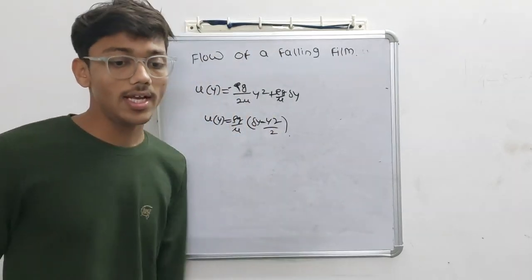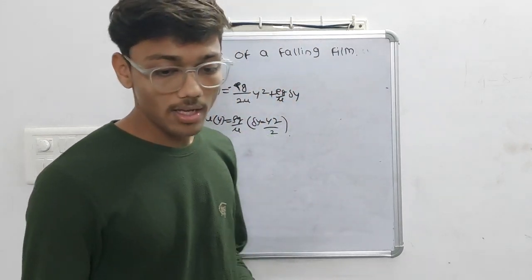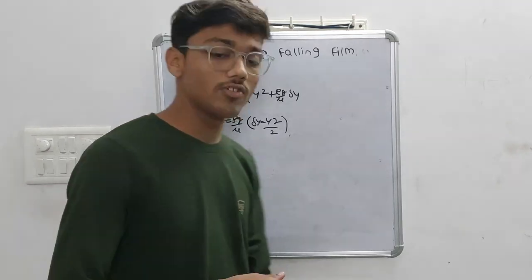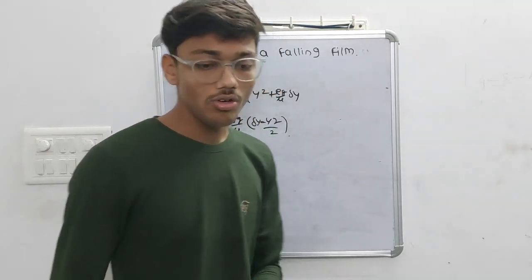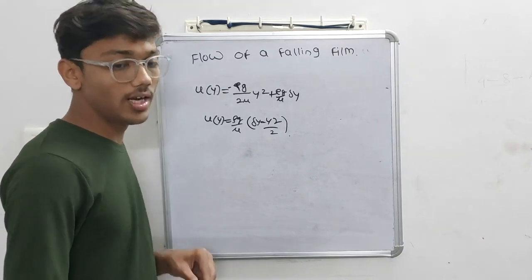Further, we get the maximum velocity and average velocity from this equation. Maximum velocity occurs at the free surface, y equals delta.